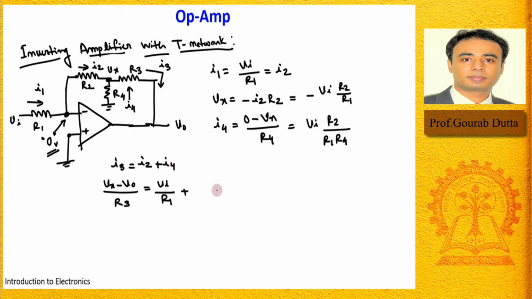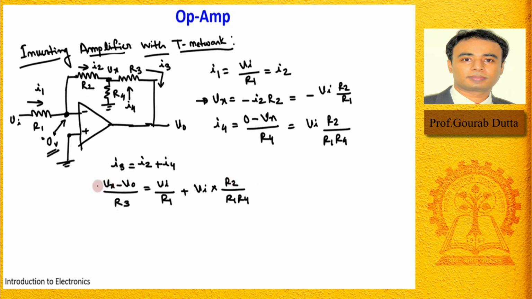I4 also we have estimated here, which is Vi into R2 by R1 R4, isn't it? Okay. Now you see here there is one term, this Vx. Now Vx we have to replace with this. Vx is equal to minus of Vi into R2 by R1. So replace that here.